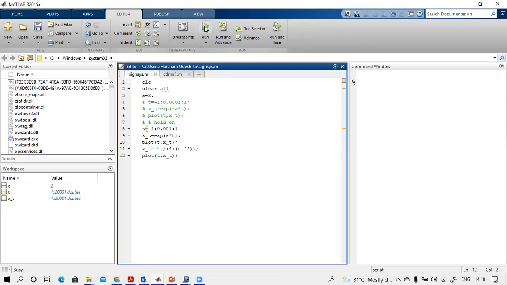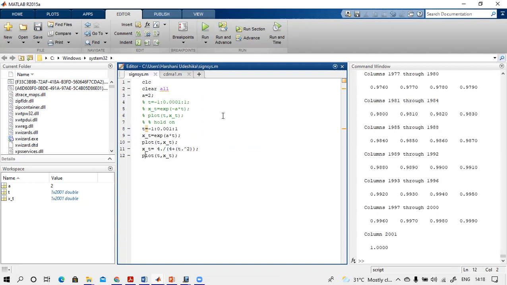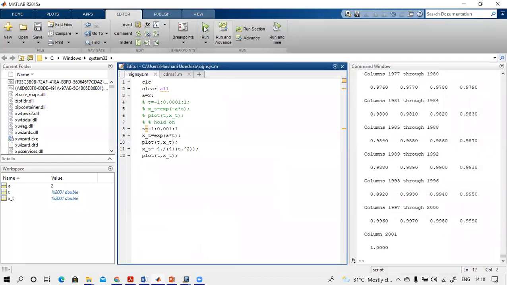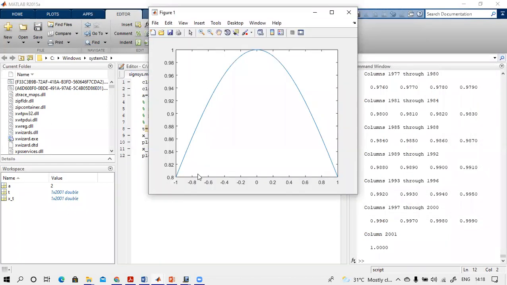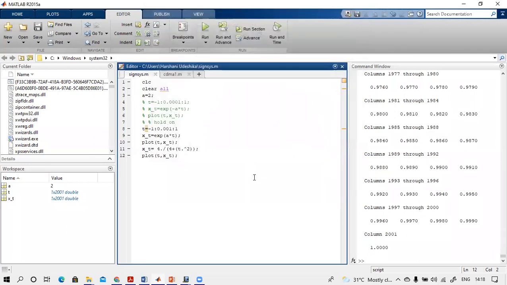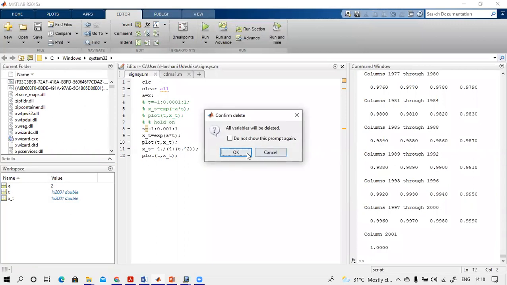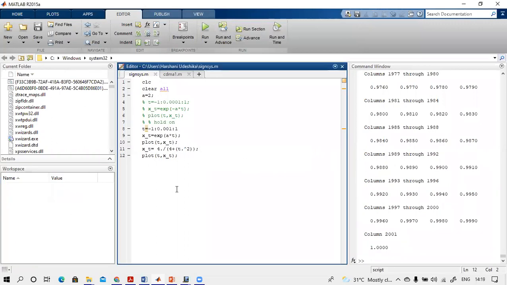So here, from minus a to plus a, some plot is there.